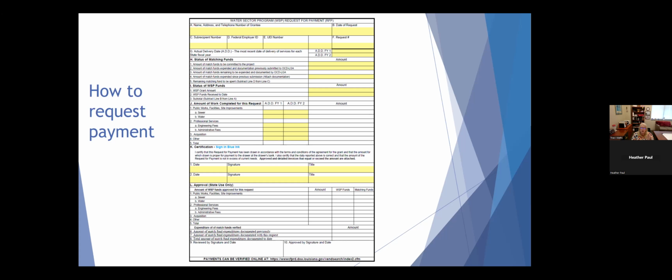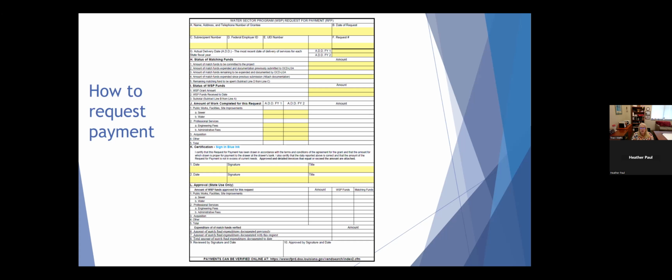You would have to invoice under ADD FY1 the costs up to June 30th, and in ADD FY2, you would put the costs after June 30th, so it would be July 1 forward.